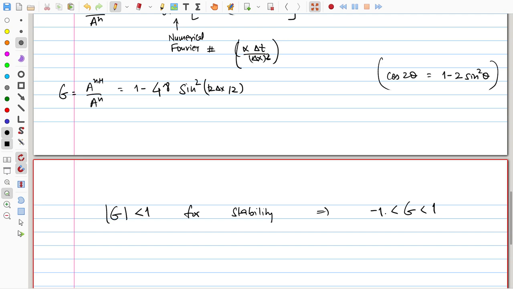So, let us look at this function. Right, it's a very good question. I mean, amplitudes typically are positive, but if you look at this function, what you see is that it's 1 minus something.